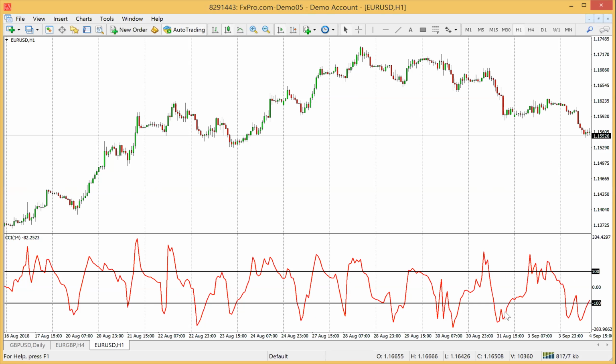If the CCI is oversold, as in below the minus 100 level, then it could be an opportunity to buy. So it's just showing you that the market is either overbought, as in it's likely to take a turn, or it's oversold, so it's likely to take a turn for the uptrend. Or you can look for divergence.